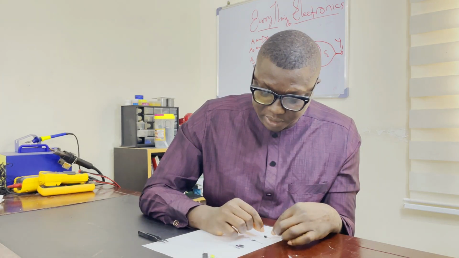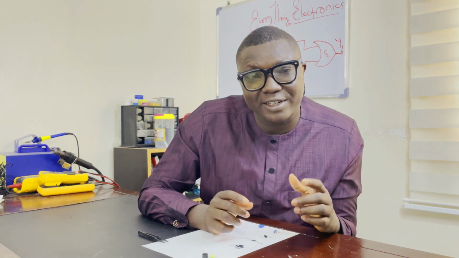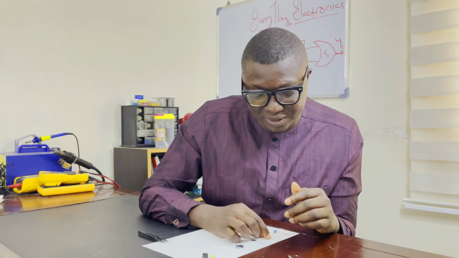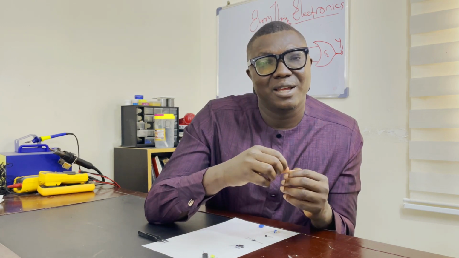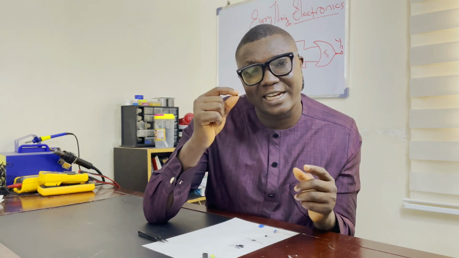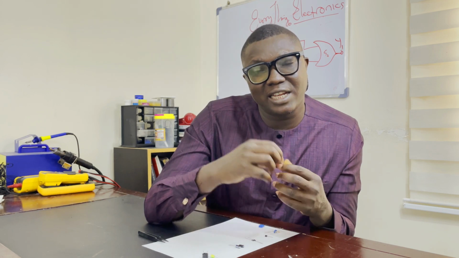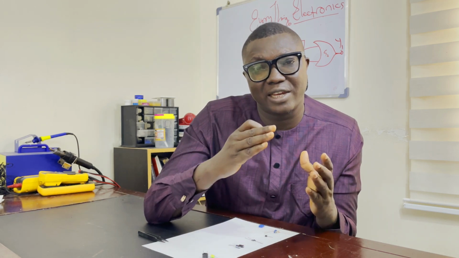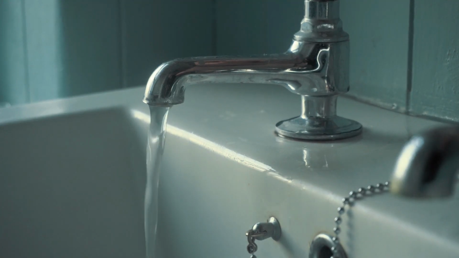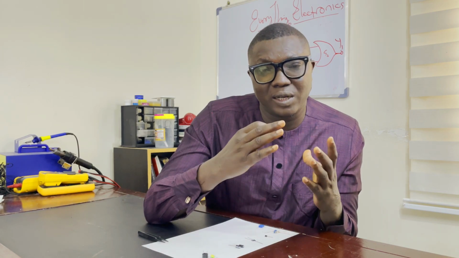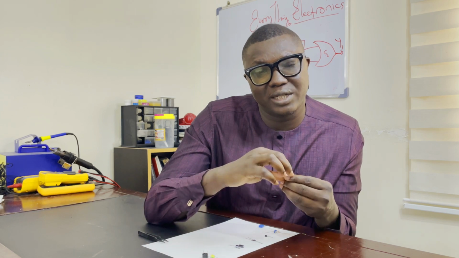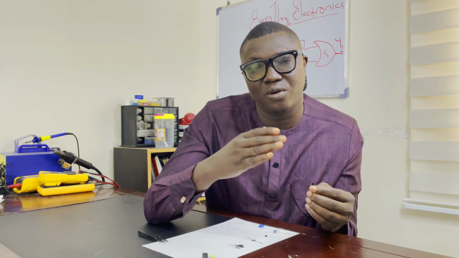So the next component on our agenda is the transistor. So what is a transistor? A transistor basically is a 3-terminal device, but more than that, it's an electronic switch. It has the same purpose and function as the tap in your bathroom or in your kitchen. You regulate the flow of water using a tap by turning it on or off.